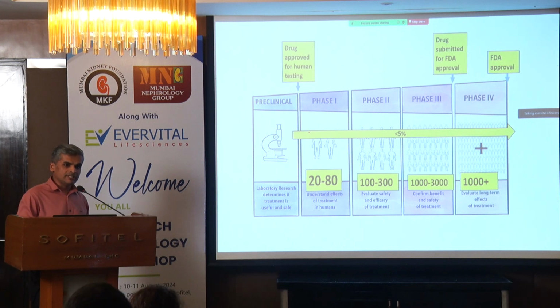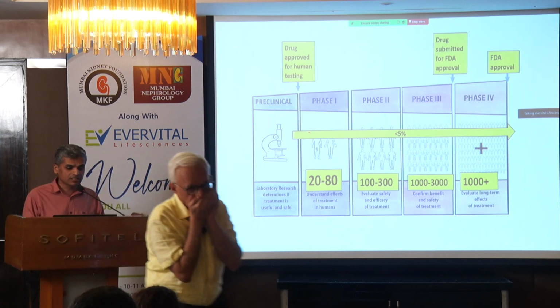If there is no major safety signal and efficacy is there, then it will be tested in a phase 3 trial in relation to the active control, the standard of care that is being given, and at this time it will be submitted for FDA approval generally, and after phase 4 the FDA will approve.